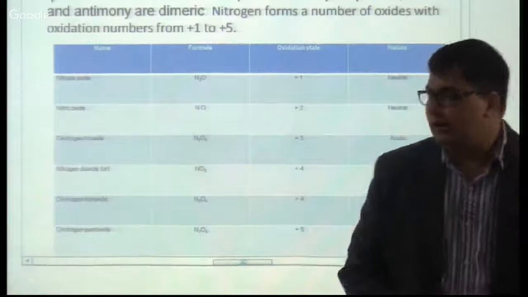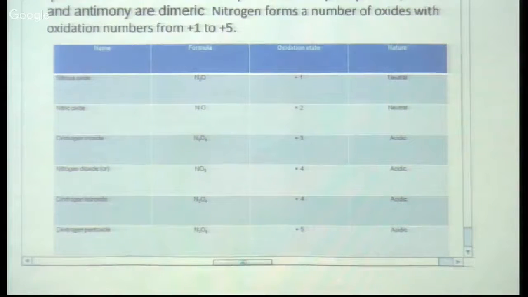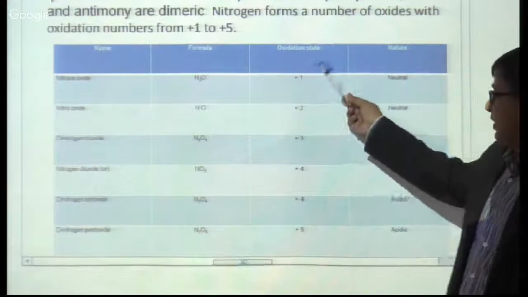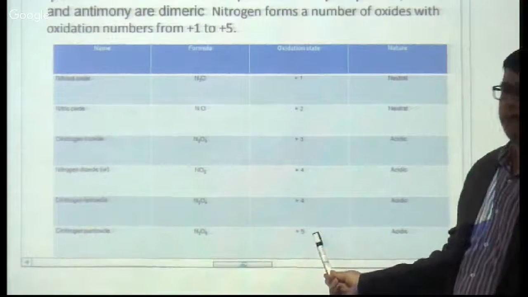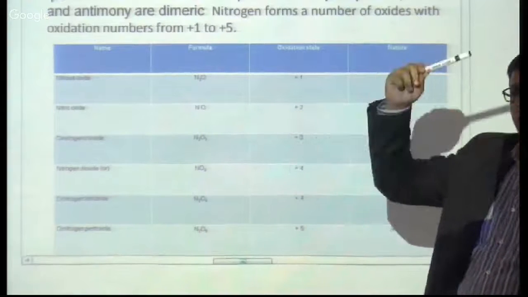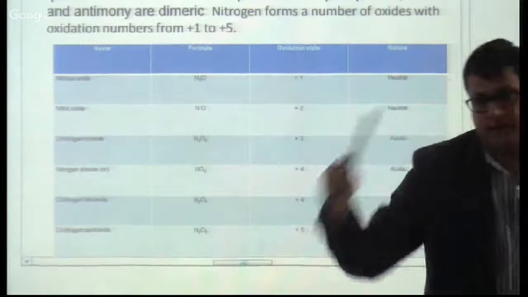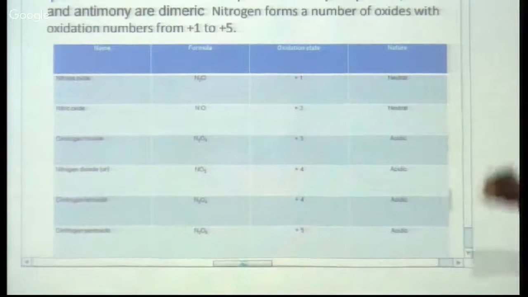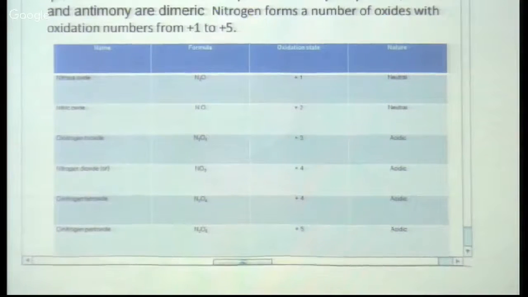Clear? All these oxides undergo redox reactions. See, the oxidation state is +1 to +5. So this +1 can accept electrons and go to a negative oxidation state. So these can accept electrons as well as lose electrons.